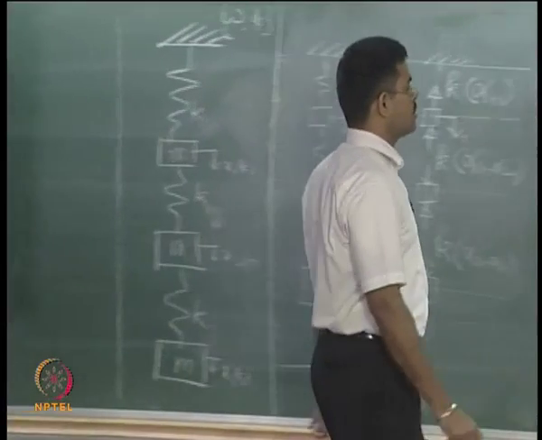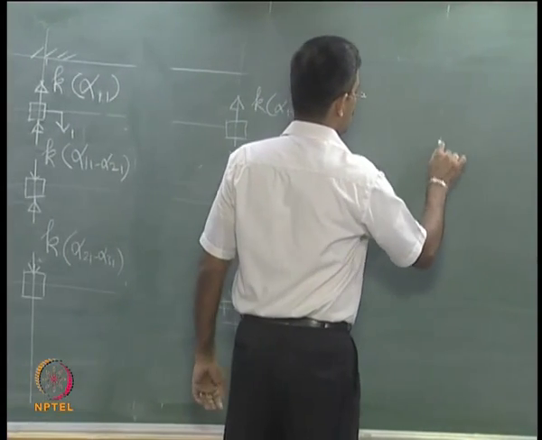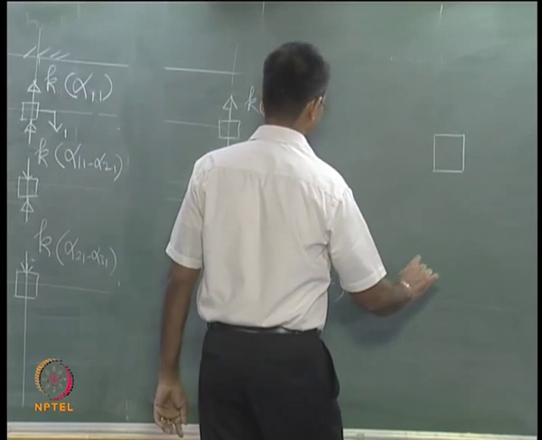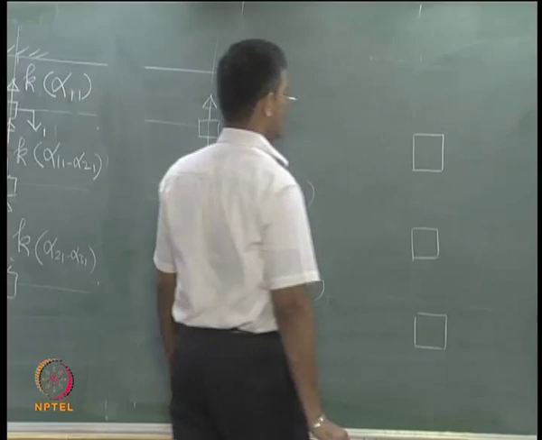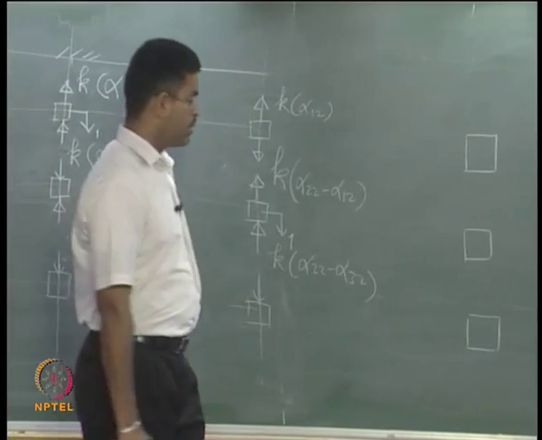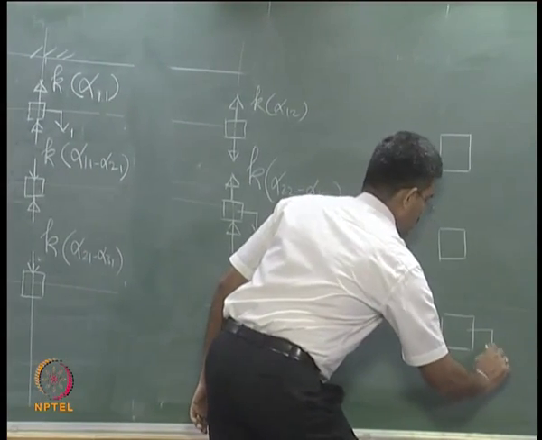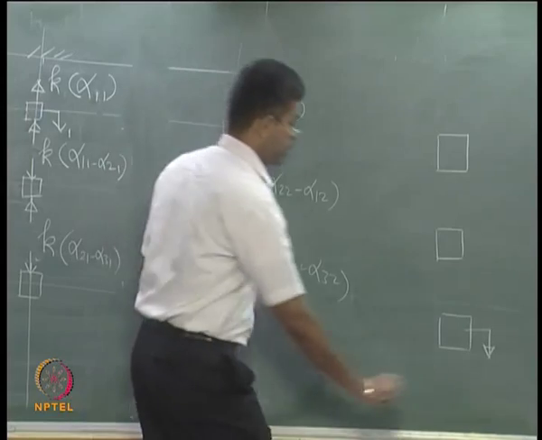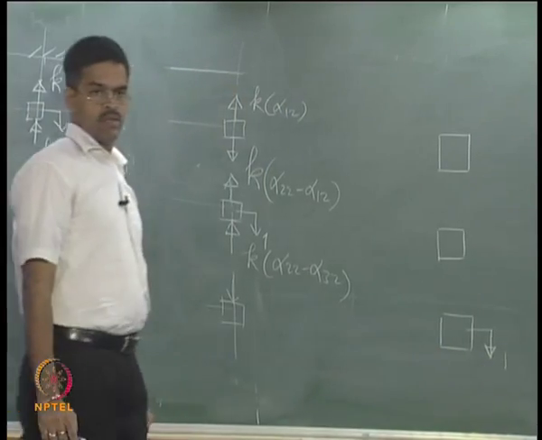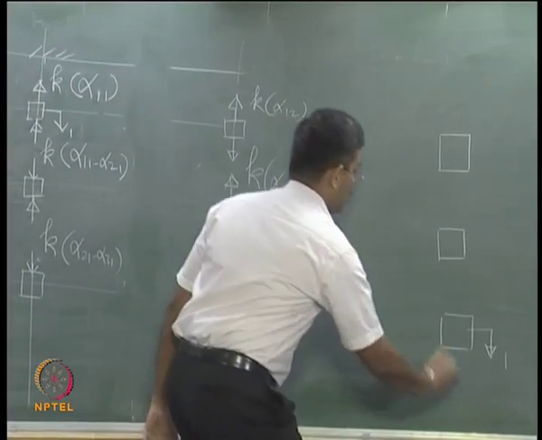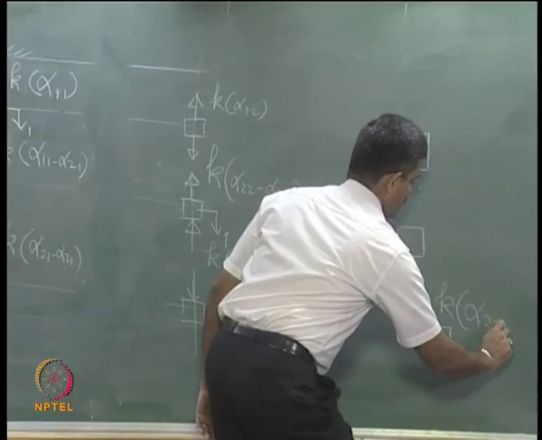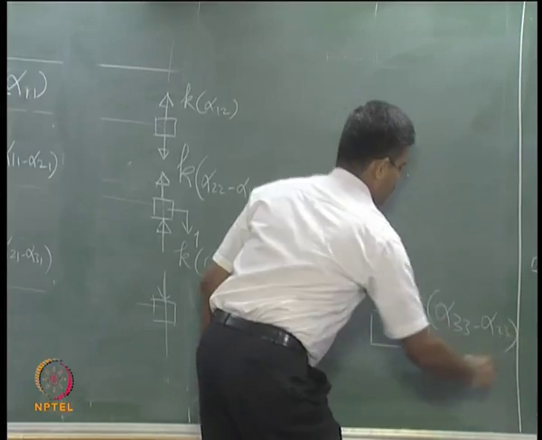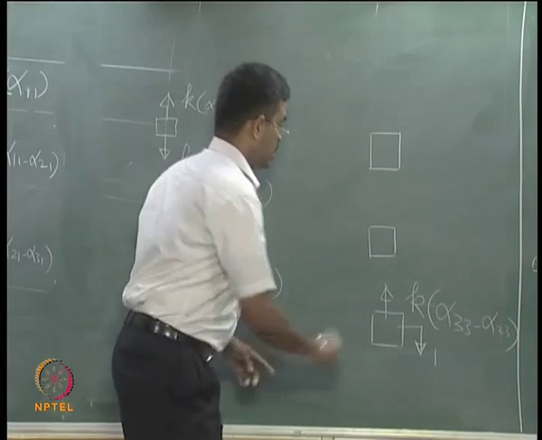So let us quickly do the third one. I am giving unit value here, this is unity. So when I pull this mass down, this spring will try to act up, which is going to be k times alpha 3 3 minus alpha 2 3, because I am starting from here, and this is in the opposite direction.